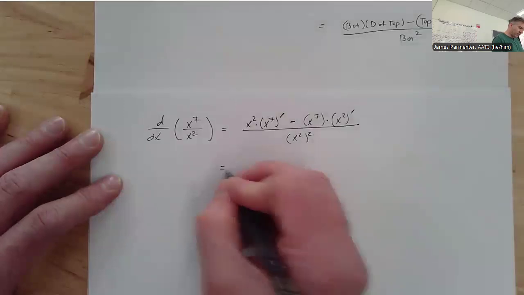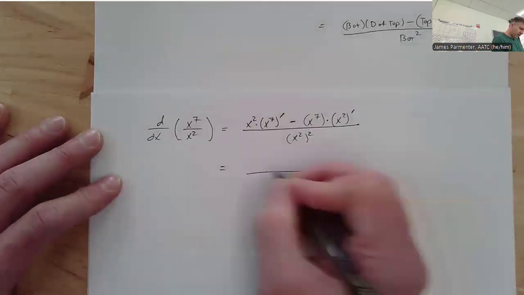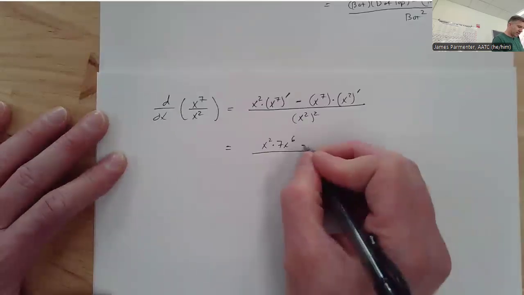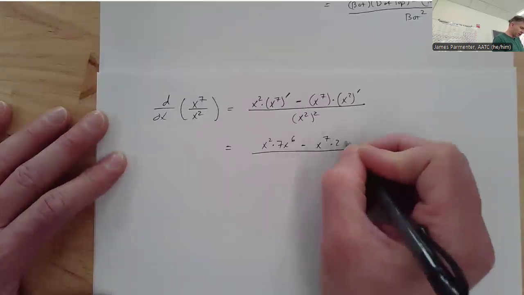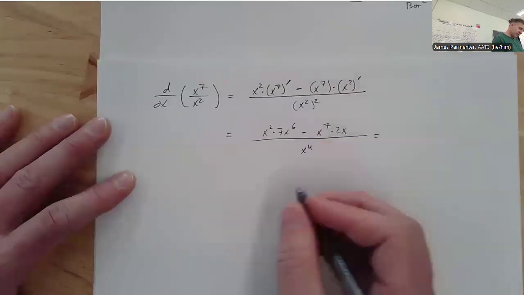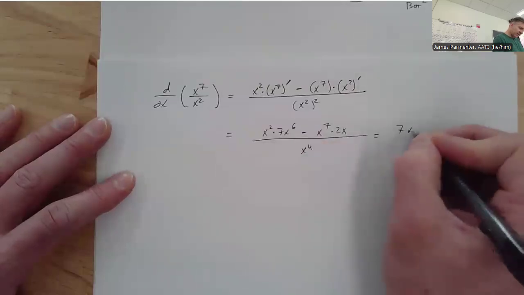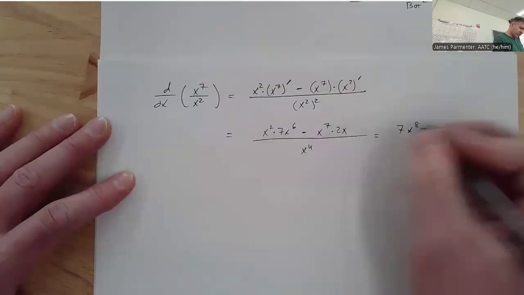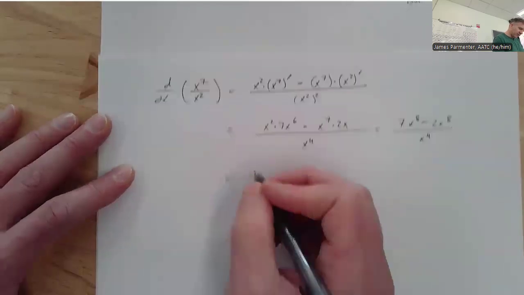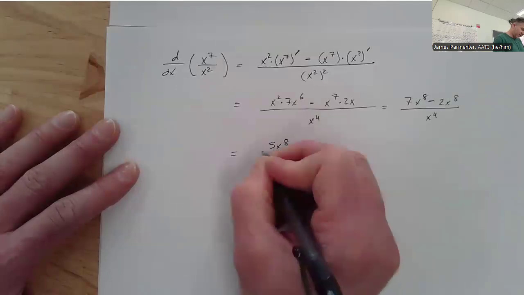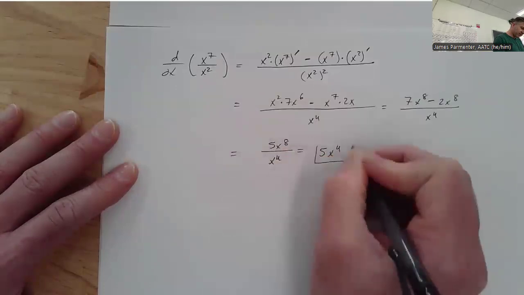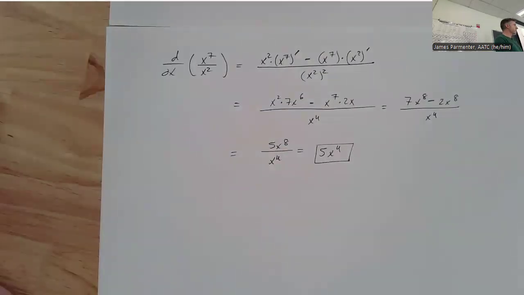It equals x squared times 7x to the sixth minus x to the seventh times 2x, divided by x to the fourth. That's 7x to the eighth minus 2x to the eighth divided by x to the fourth, which is 5x to the eighth divided by x to the fourth, and that's 5x to the fourth, as expected. Cool, it works.